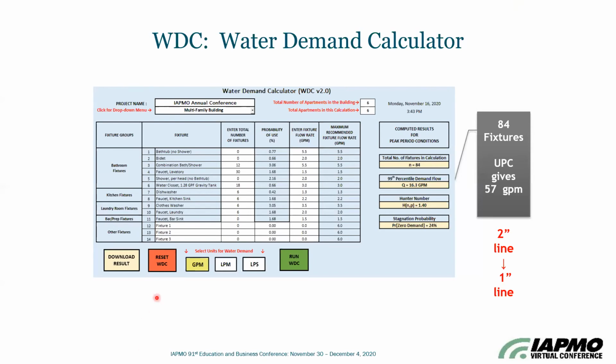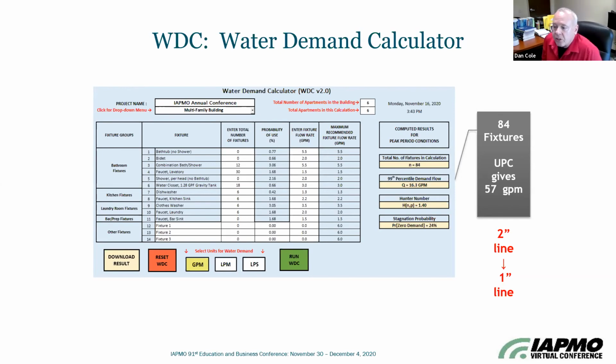Okay, one more. So how do we size a combination system to assure water when needed? Well, you would have to size the fire suppression system independently from the domestic water supply for the building.